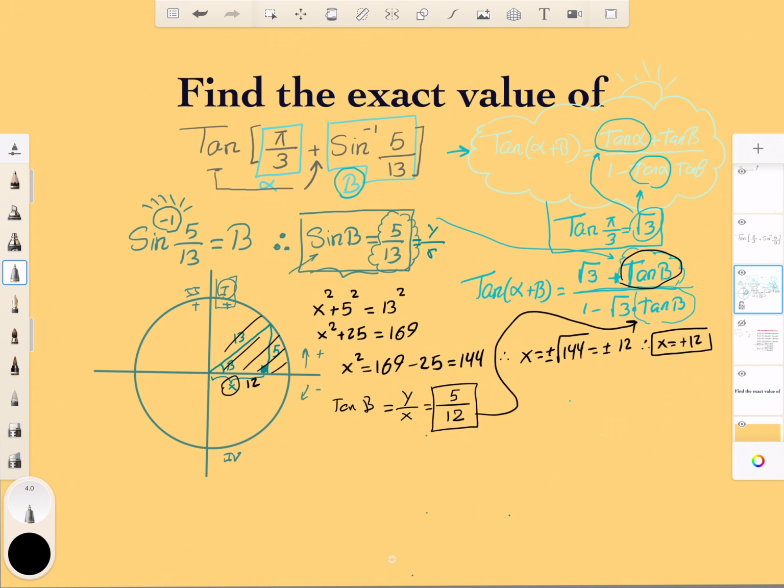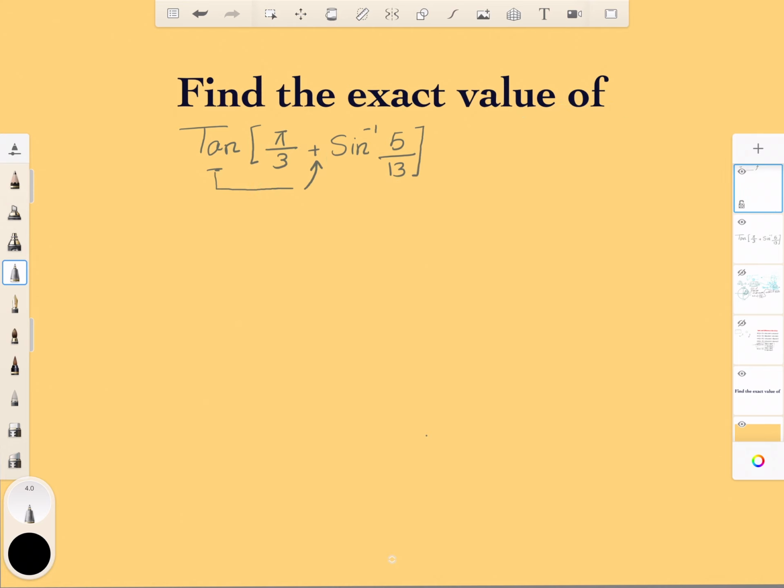All right, so now we have to do some algebra. I'm going to continue from here. I will go to another layer. So we had this equal to tangent of alpha plus beta.